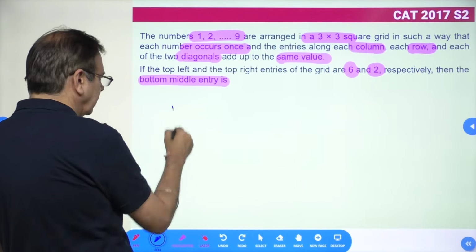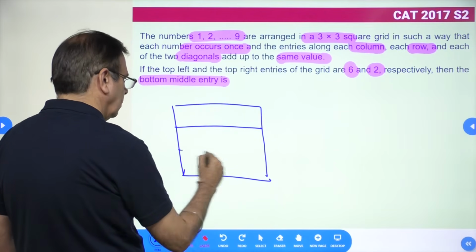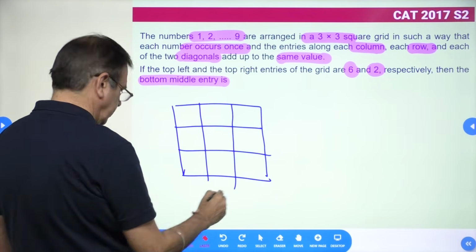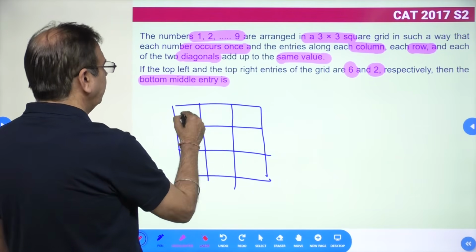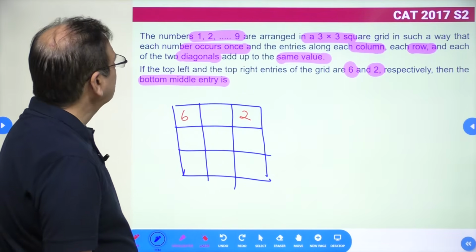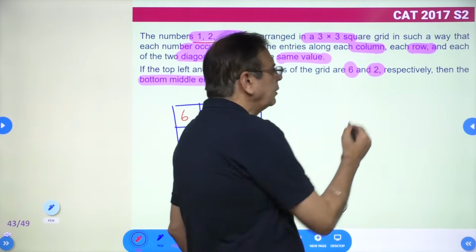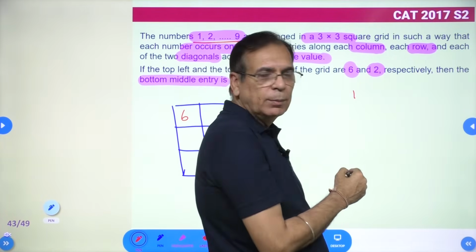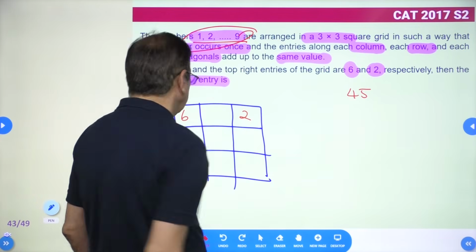Now let's make the grid. What does it say? Top left is 6, top right is 2. Now which digits are we going to use? We are going to use the digits 1 to 9. What is the sum of these digits? N into n plus 1 by 2. It is 45. Sum of all these digits 1 to 9 is 45.